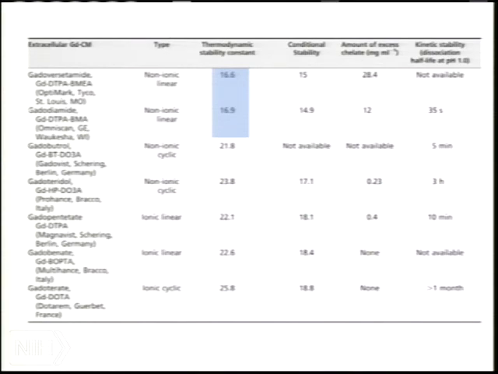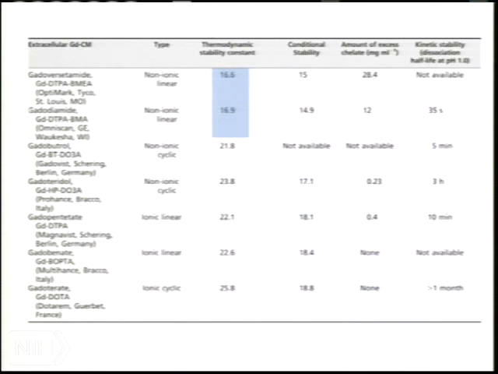Well, these are log numbers, and so you can see that this agent, what we call gadolinium DOTA, has very excellent, very high thermodynamic stability, and most of the agents that are approved have good ones, but there are a couple at the top that have much lower stability, which means that the gadolinium ion falls off more easily.